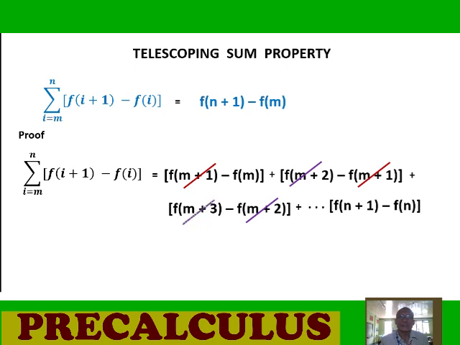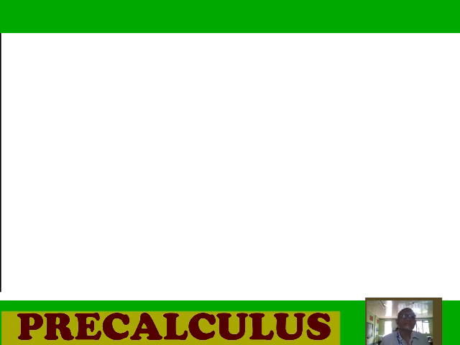So we can cancel out f of m plus 3 because the next term has negative f of m plus 3. So negative f of n is cancelled because there is a term before it which is positive f of n. So what is left is f of n plus 1 and negative f of m. So we have proved the property.